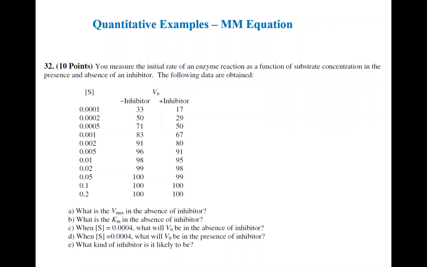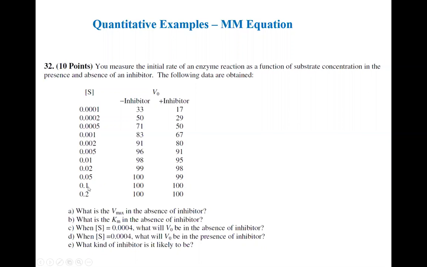Vmax in the absence of inhibitor. You know that when you look in the absence of inhibitor, you are not going to look at the column that shows plus inhibitor, right? You ignore that. You look at the S versus minus inhibitor column, and you will see that as the substrate concentration is increased to 0.2 unit, the initial rate is 100.